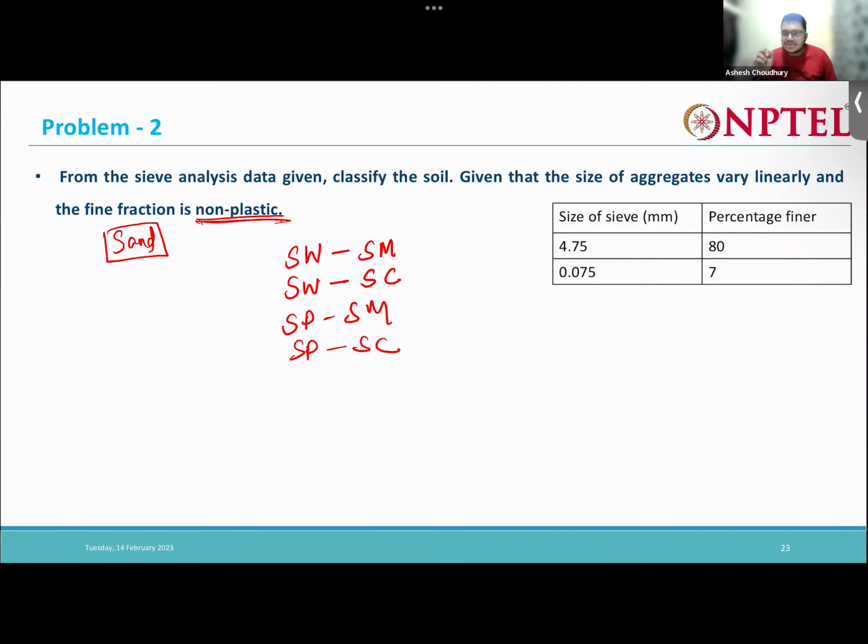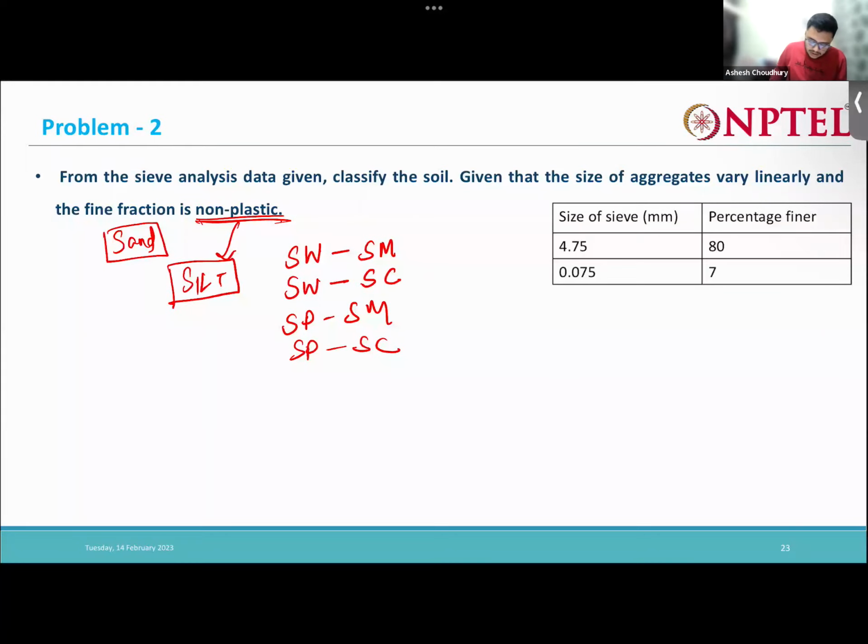So if the fine fraction is non-plastic, is it clay or is it silt? Please tell me. Silt, exactly. It will be silt. So we got the third hint that it is silt. The first hint was sand, the second hint was dual classification, the third hint was the fine fraction is silt.